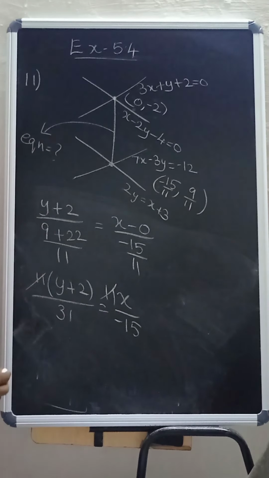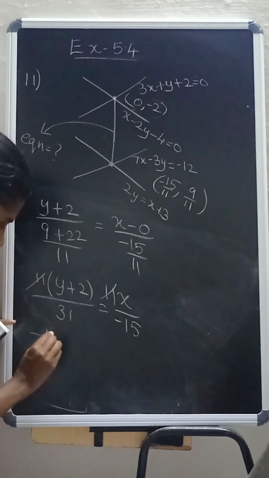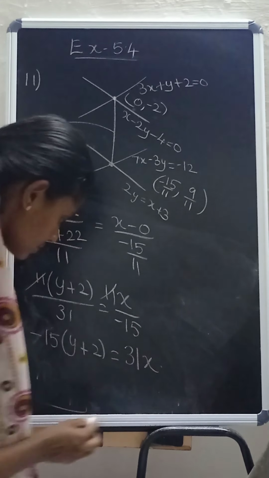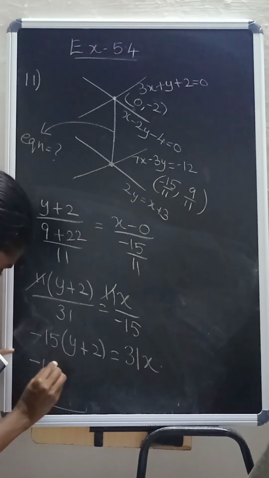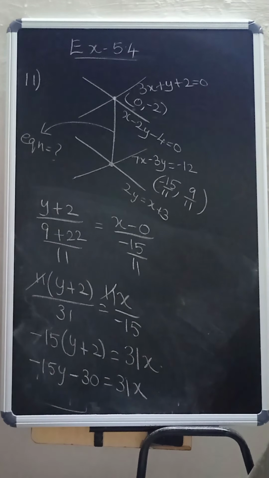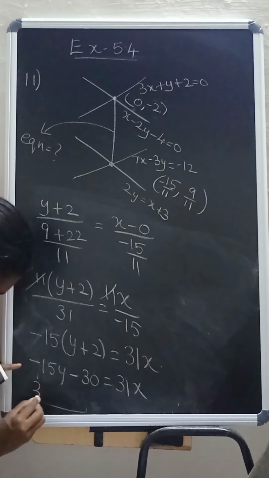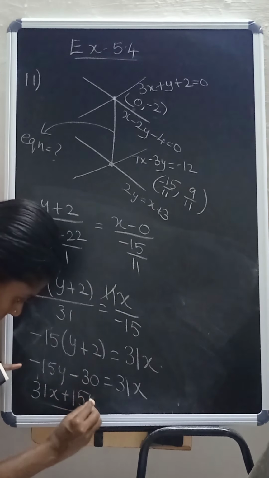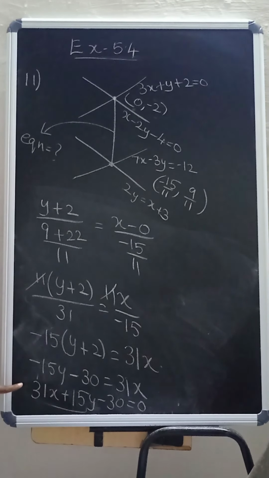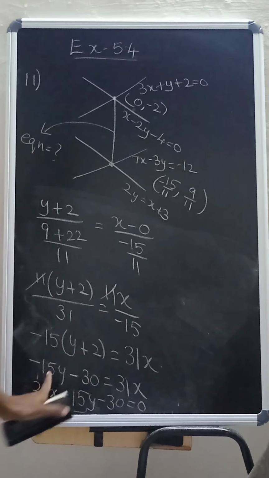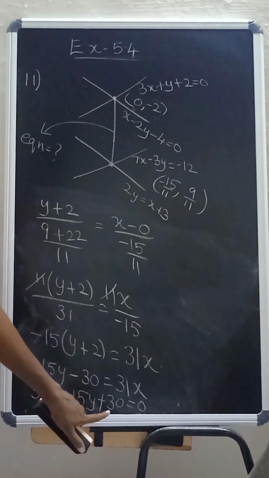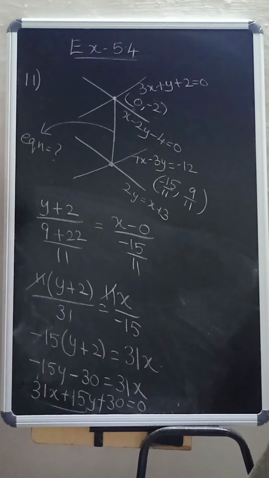This 11 and this 11 get cancelled. 31x plus 15y. Okay, we are taking this to this side, so minus 30 becomes plus 30. So 31x plus 15y plus 30 is equal to 0 is the equation of the required line.